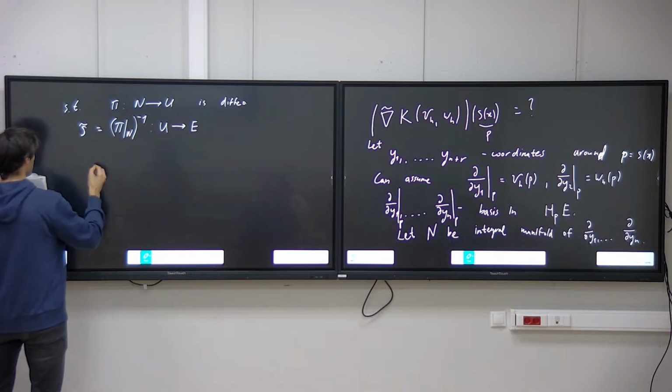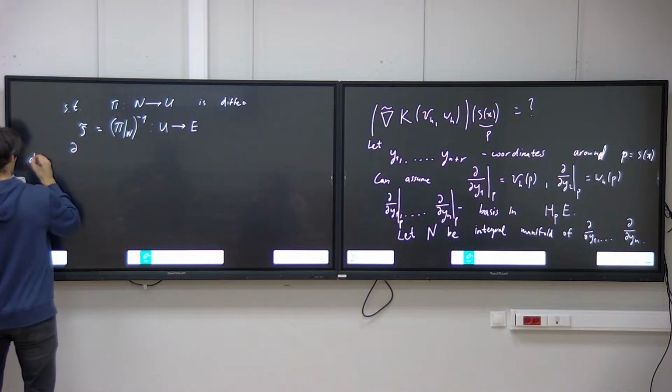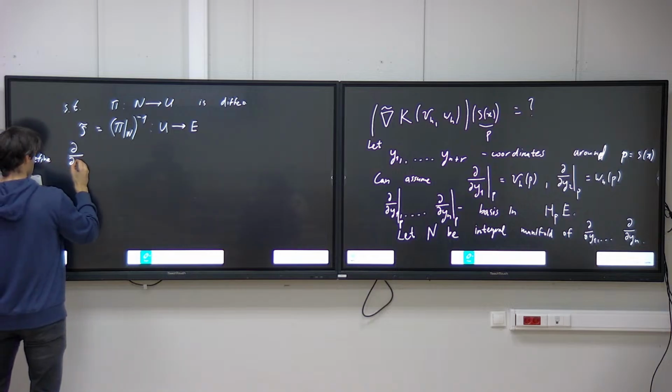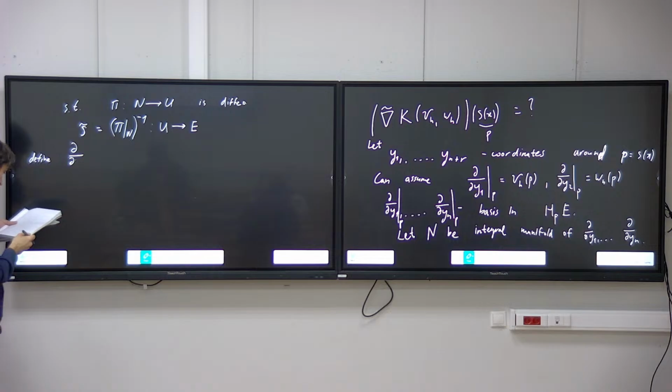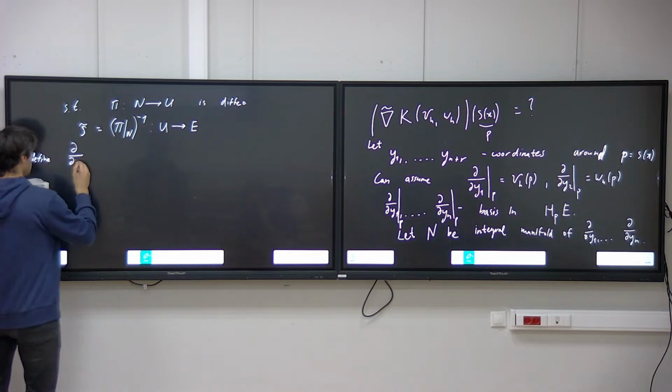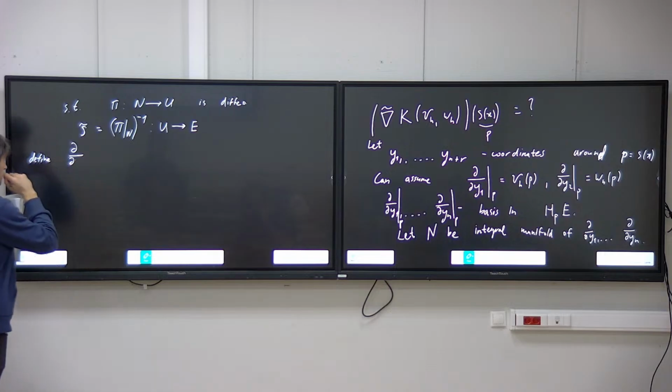One last thing that I need to define is d over dx. So what I want is some coordinates on X, right?